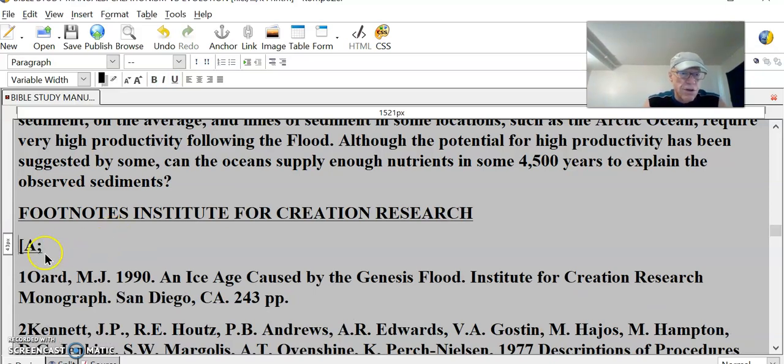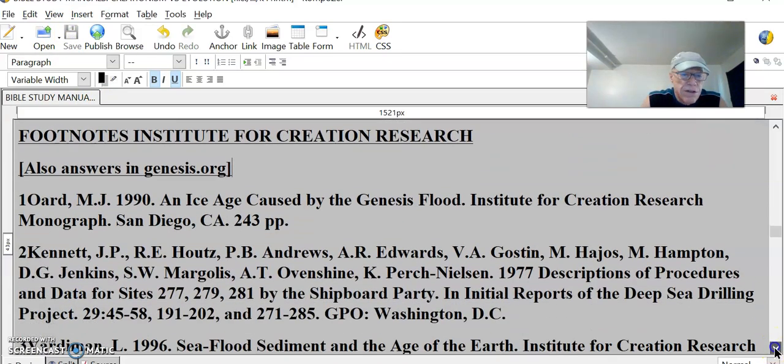Besides this institute, which they were in El Cajon for a while there, and I visited their museum. And also, Answers in Genesis.org. They have articles like that too. And between those two, they give you a layman's point of view of these many things.